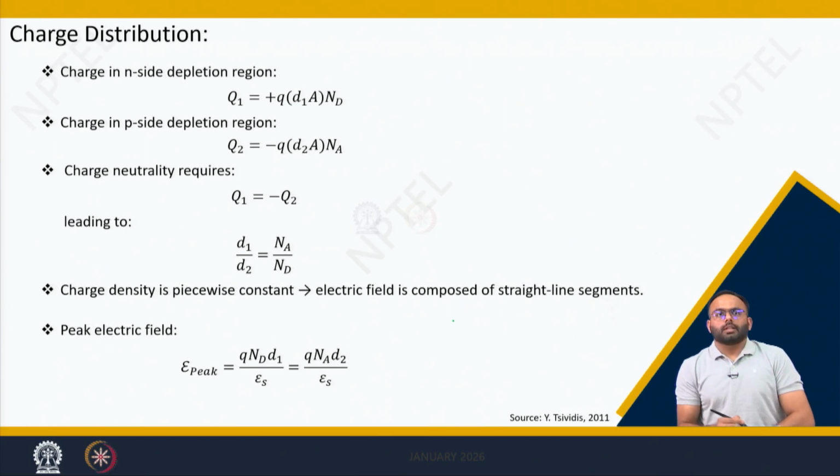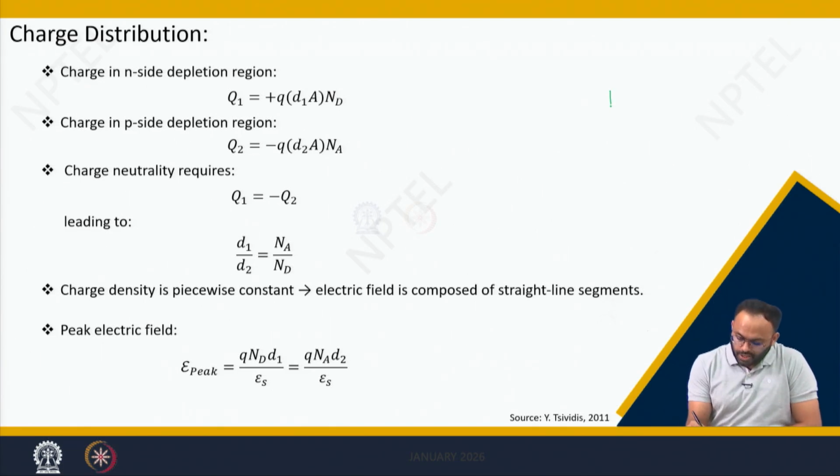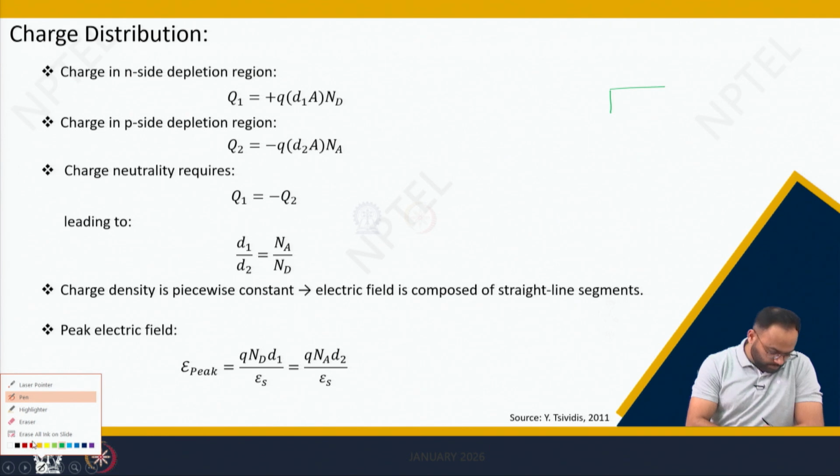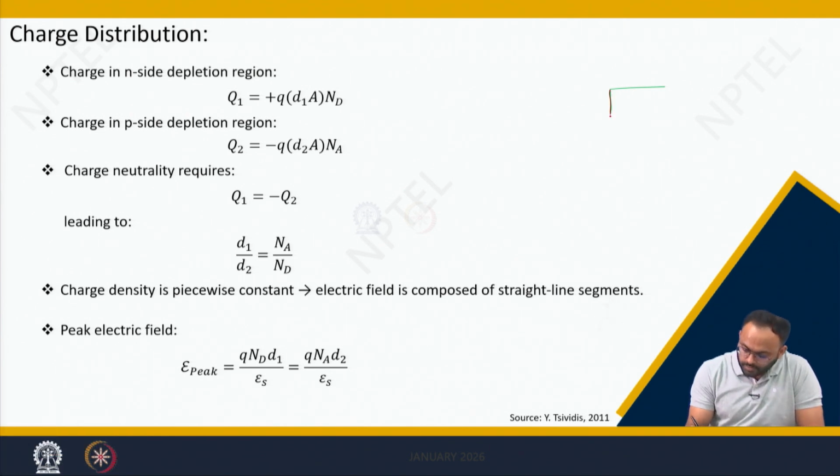Let's analyze the PN junction more in terms of capacitance when we are talking about reverse bias. So let us consider you have a PN junction like this, where this is the metallurgical junction.